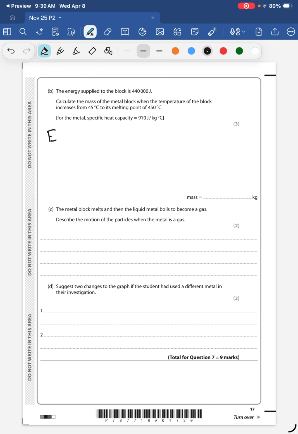So the energy increase is given by the specific heat capacity times the mass times the change in temperature. So we have to solve for mass. So the mass is energy over C times delta theta. So let's come over here. So the energy is 440,000 joules. Whenever I work out problems, I put the numbers to the left and the units to the right. This is a convention I use.